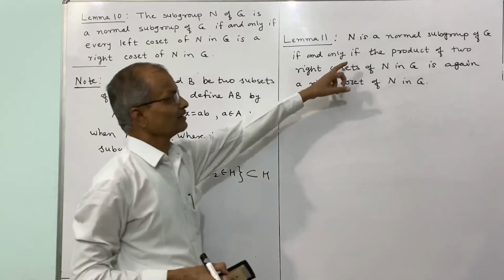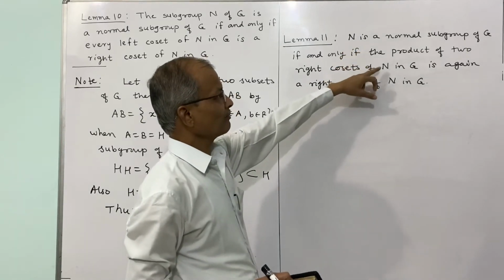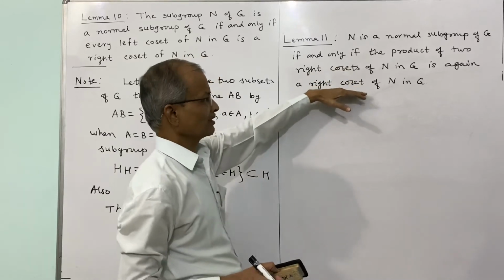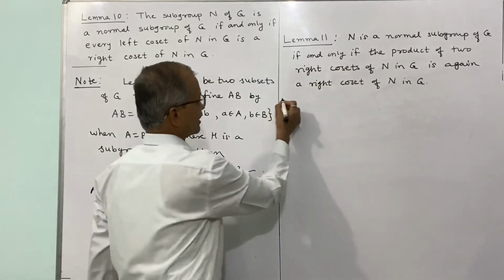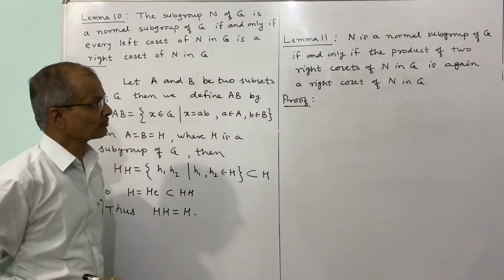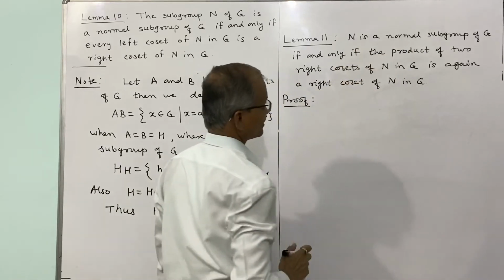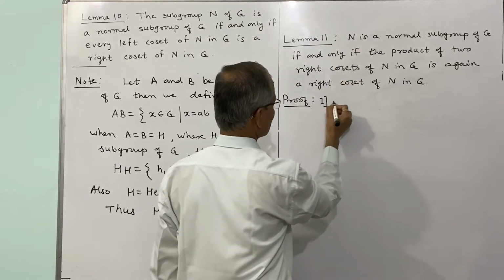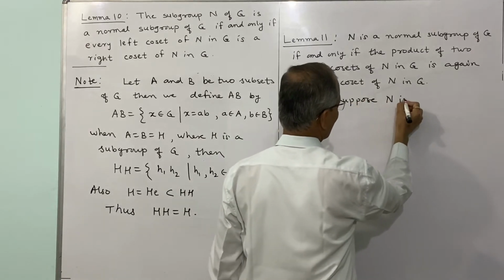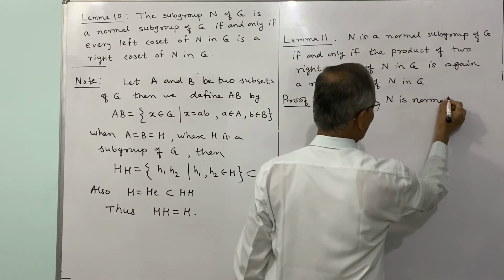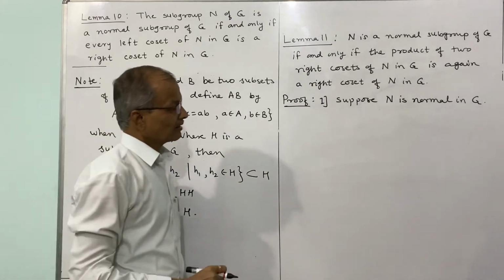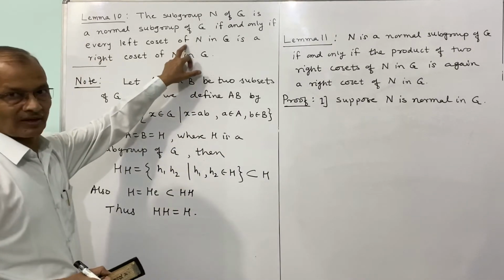Now this says that N is normal if and only if the product of two right cosets of N in G is again a right coset of N in G. Now again there will be two parts, the if part and the only if part, or the necessary part and the sufficient part. First we assume N is normal in G, and now we use this lemma.